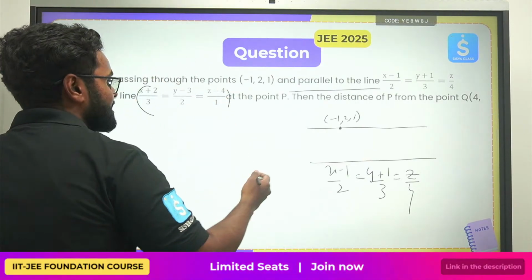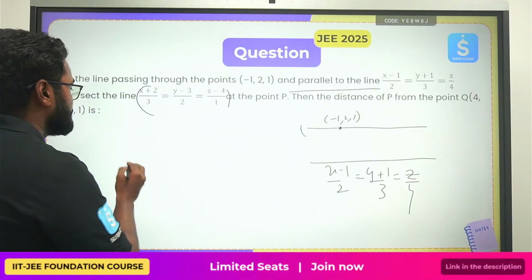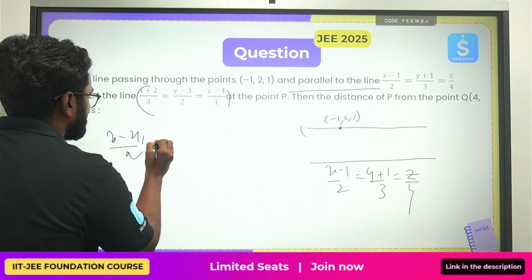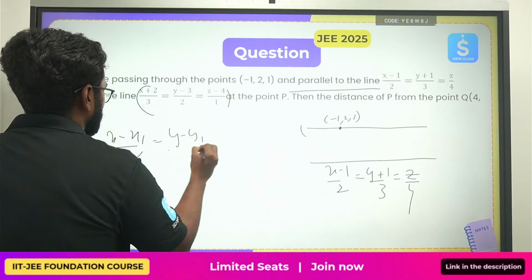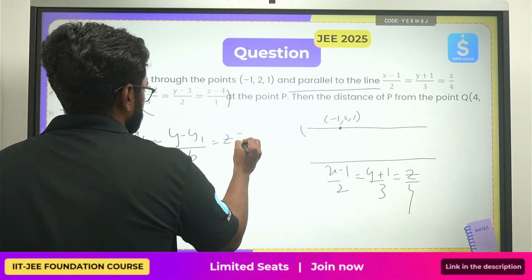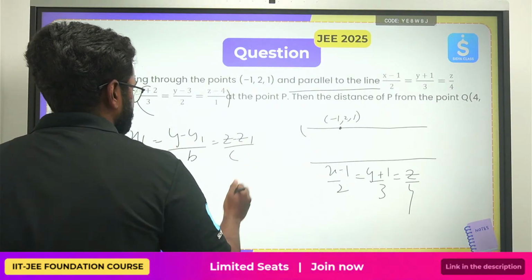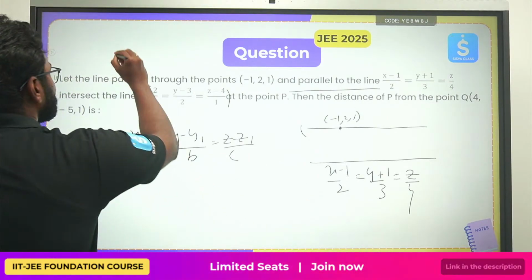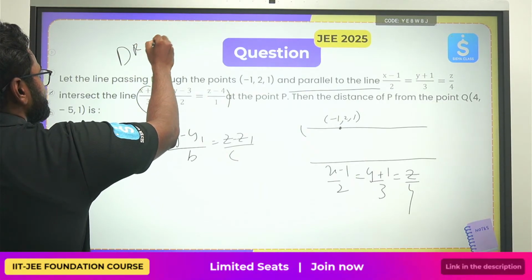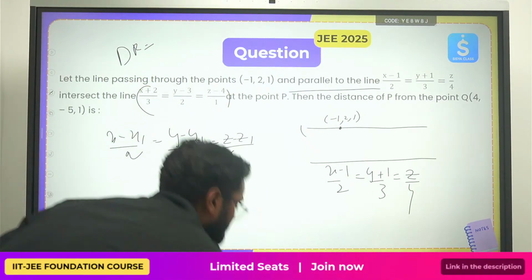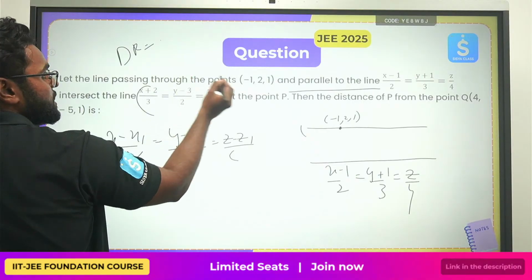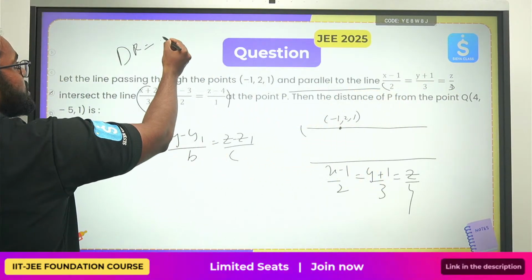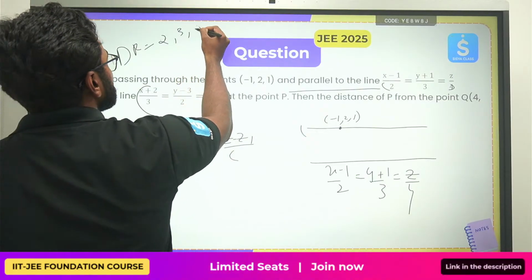What we do is, let us find the line. We can find the line by the formula (x minus x1)/A = (y minus y1)/B = (z minus z1)/C. An important property to remember here is, if the lines are parallel, the direction ratios would be the same. ABC would be the same, so the DRs would be 2, 3, 4.